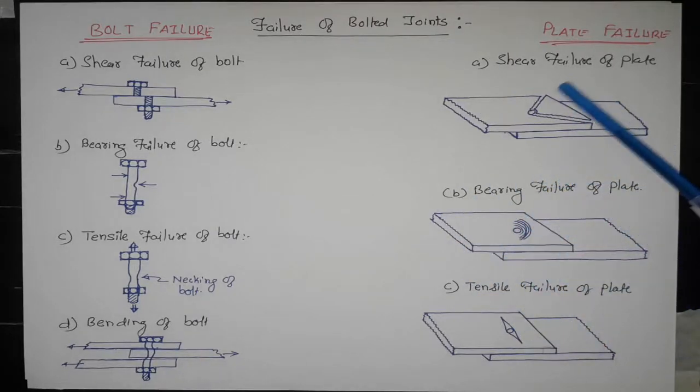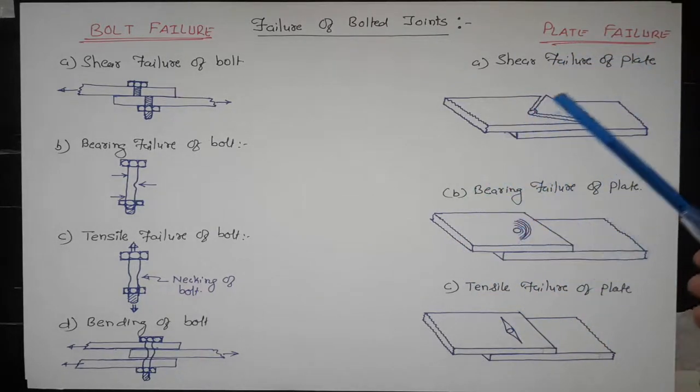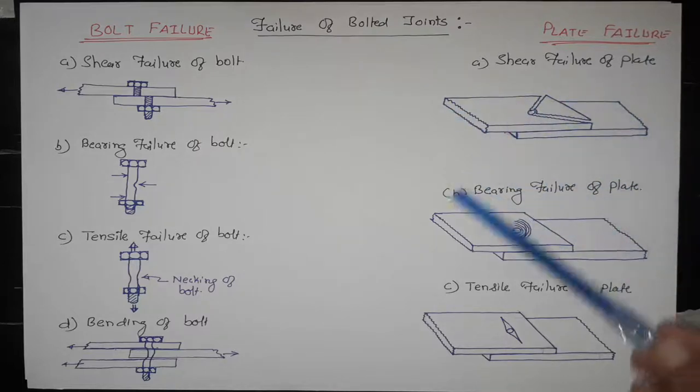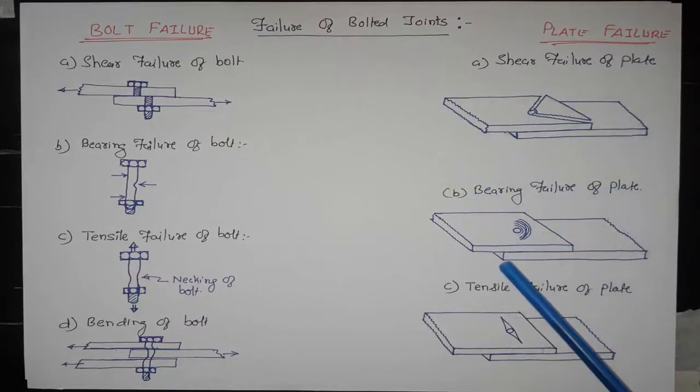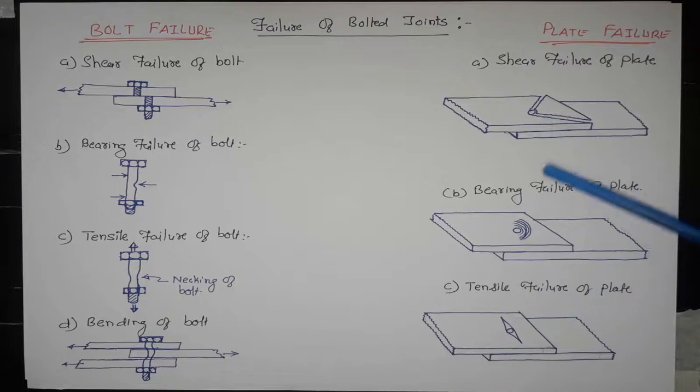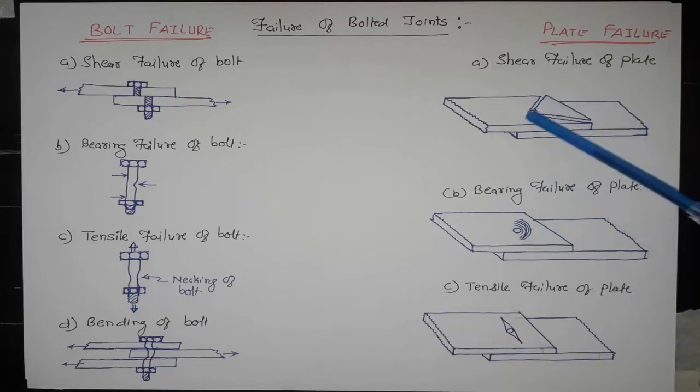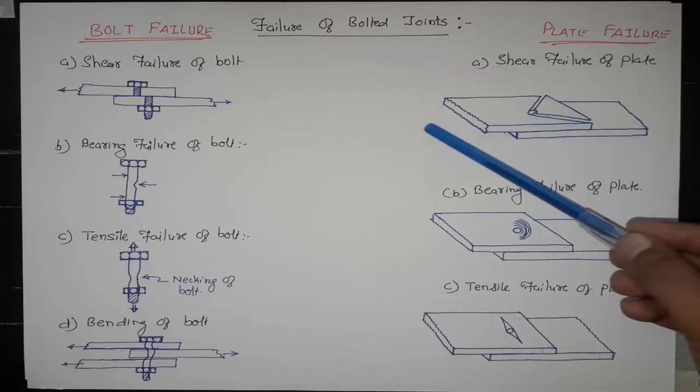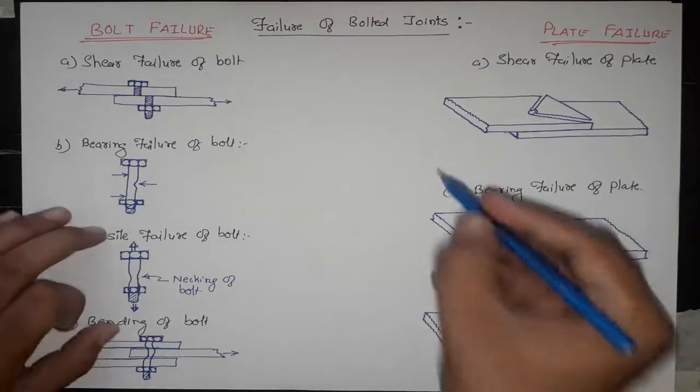Now let's discuss the plate failure. This is the shear failure of the plate. The shear failure of the plate occurs when the shear stress exceeds the shear stress capacity of the plate. The plates get sheared at an angle of 45 degrees to the force line. Here this is the force line.